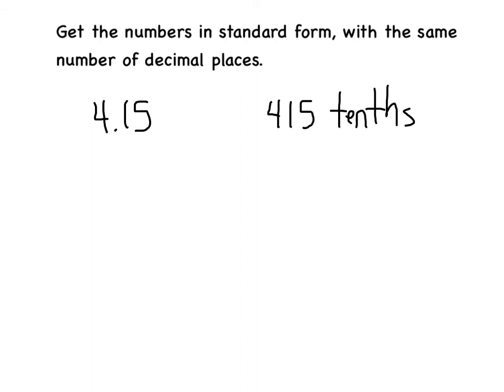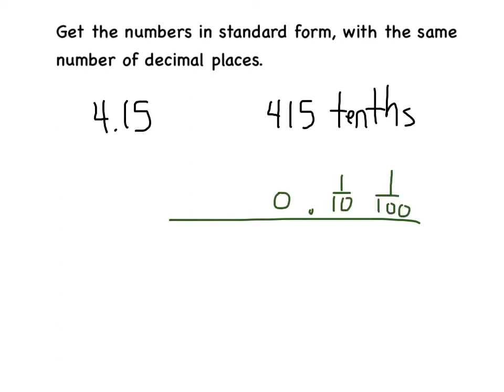Here's one last little wrench they can throw into things. I have 4 and 15 hundredths over here. And here I have 415 tenths. That's like 415 dimes. Like, what does that mean? So I'm just going to quickly, because I don't want to get confused, draw me a chart. There's my decimal point, and there's my tenths, my hundredths.